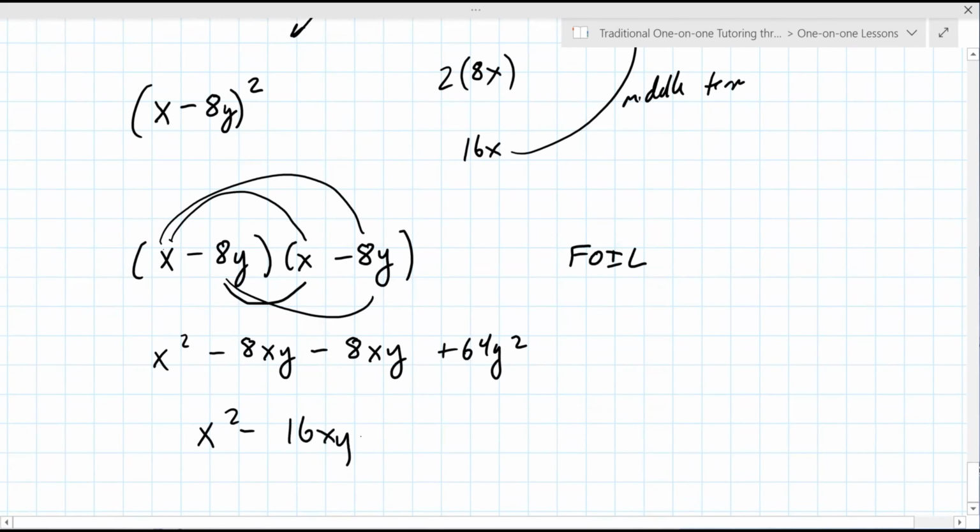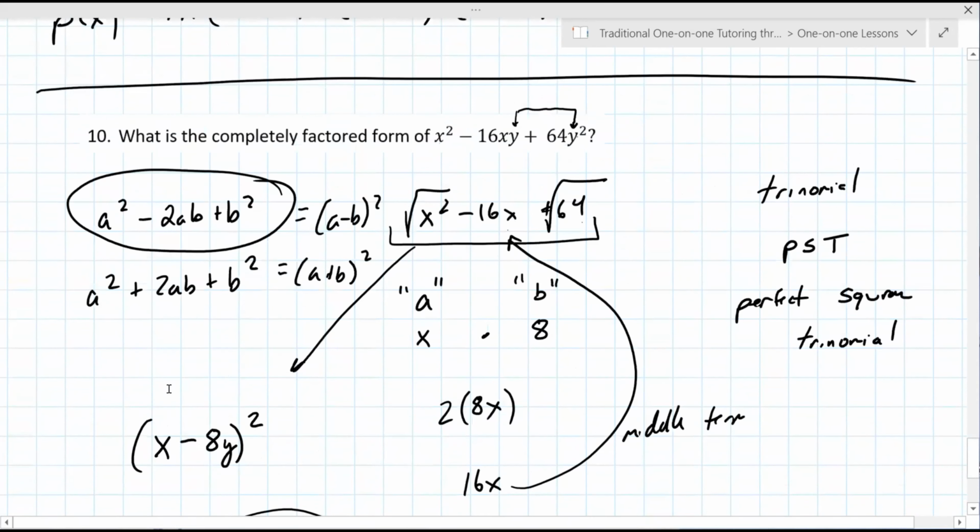And you can see that that does give you the original. So the point of everything that I did is to make this into something similar to help you get the answer, and then you're just allowed to tack on that y at the end.